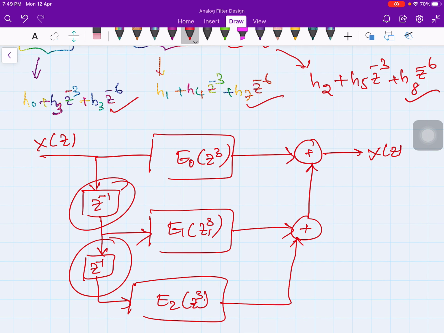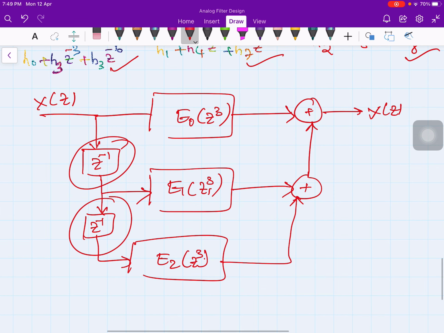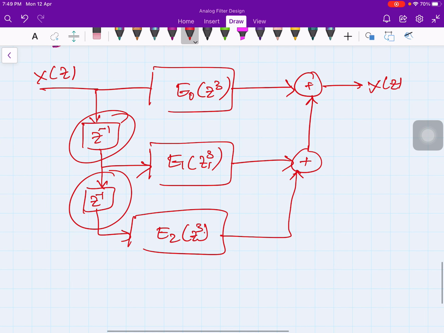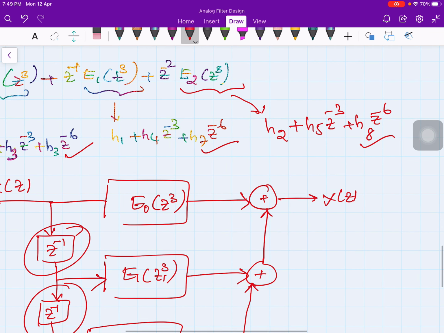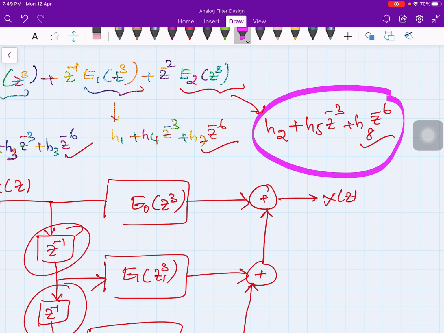And if you take this one, it is multiplied by z to the minus 2.